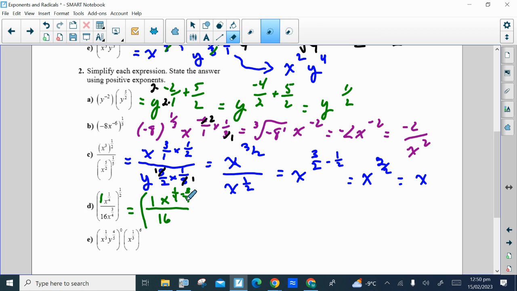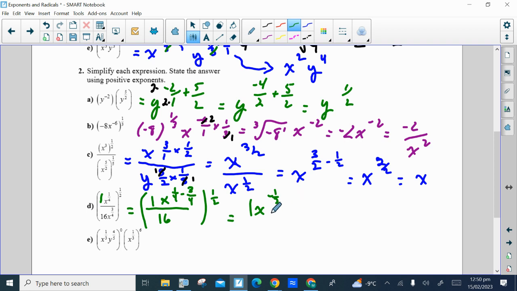Let me try and draw that a little better. And when you subtract 1/4 take away 3/4, it'll be negative 2/4, which is the same as negative 1/2 over 16 on the bottom, and that's all raised to the power positive 1/2.